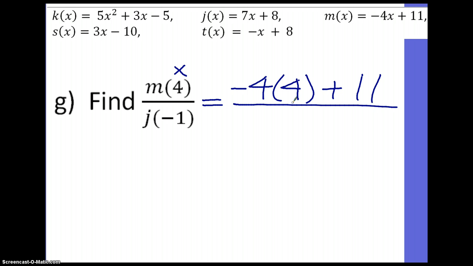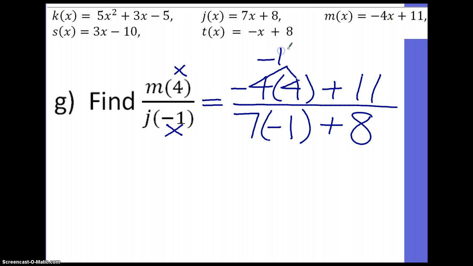On the bottom, we have j, and then in for x, it says we're going to put in negative 1. So on the top, if we go ahead and simplify that, that'd be negative 16 plus 11. On the bottom, negative 7 plus 8. Negative 16 plus 11 is negative 5 on top.